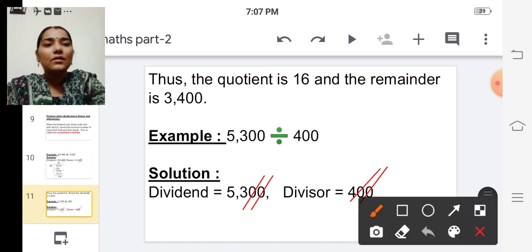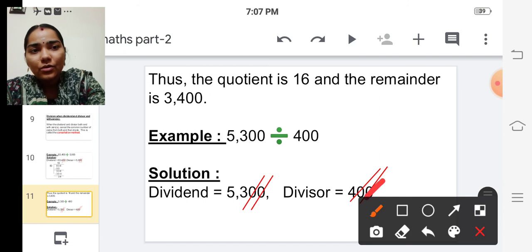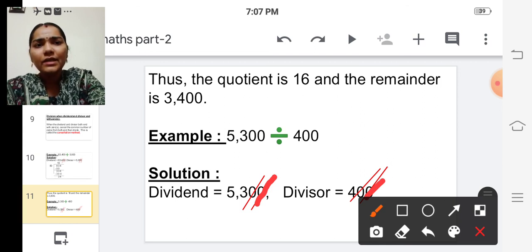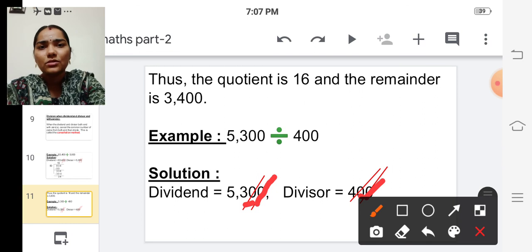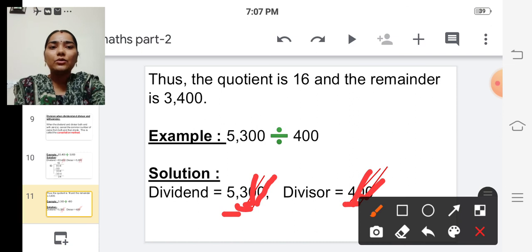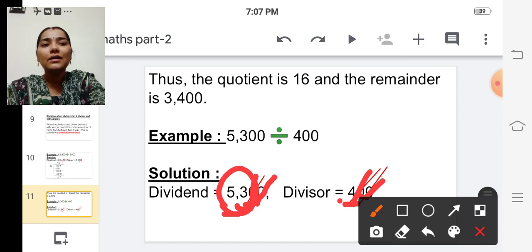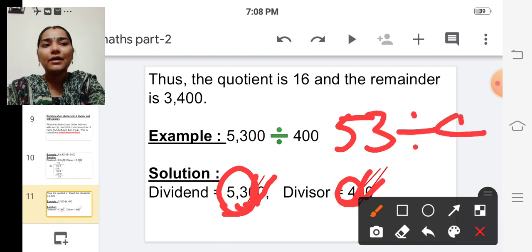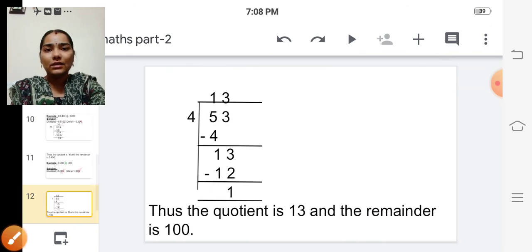So if we cancel this 0, then we have to cancel 1 zero in dividend also. And again here also 1 zero is there. So we can cancel this 0 and this 0, and no more zeros are there. So we have to divide this 53 by 4, using the long division method.